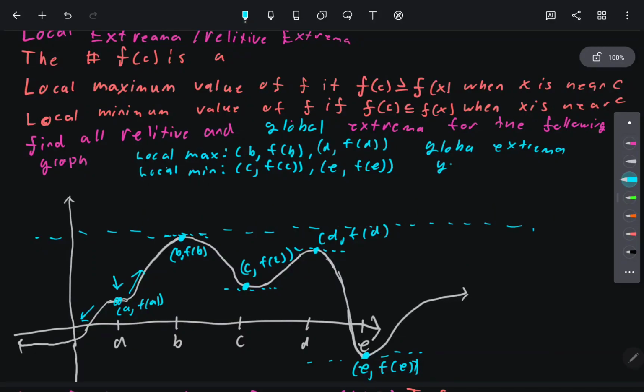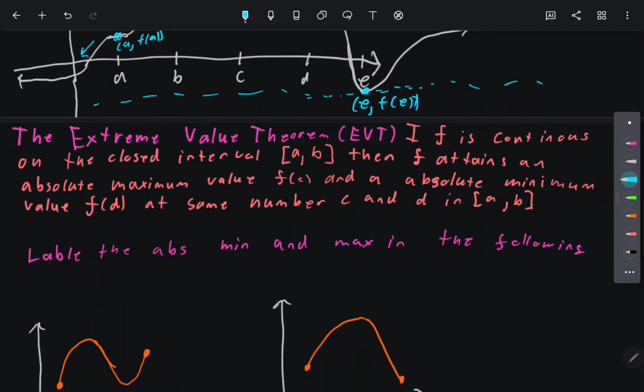So y is equal to f of b is a maximum. We can also see that a minimum here is e, f of e, because all other values of the graph are greater than it. So y is equal to f of e is going to be the minimum. And that's how we do that using graphs.